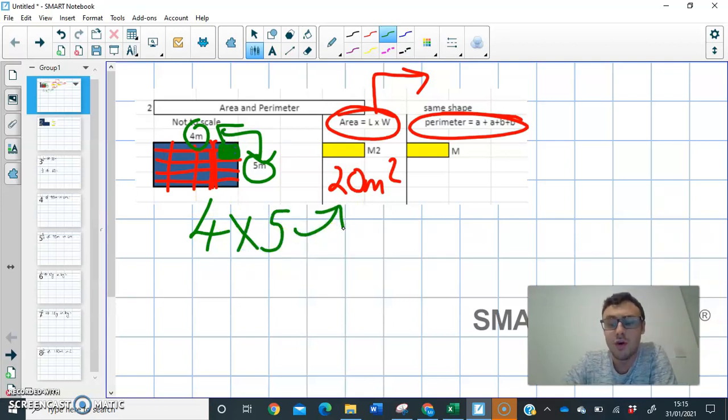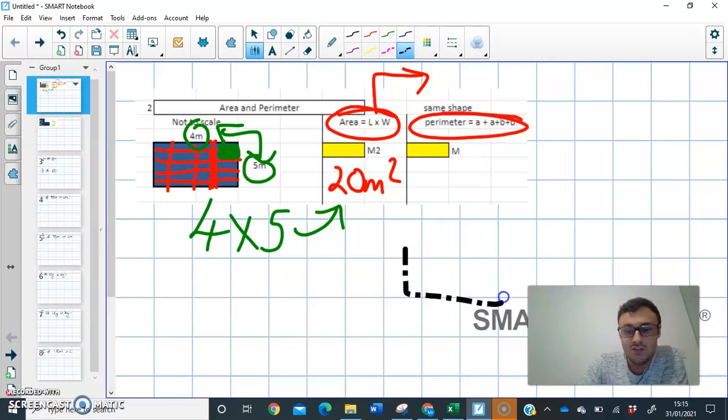And perimeter, remember, certainly in my class, I say the phrase, if I say perimeter, you all respond to me plus. So we know we need to add for the perimeter. Mrs. Taylor has told you we add side A and side A, side B and side B. Well, here is the rectangle. We've got 4 and 5.